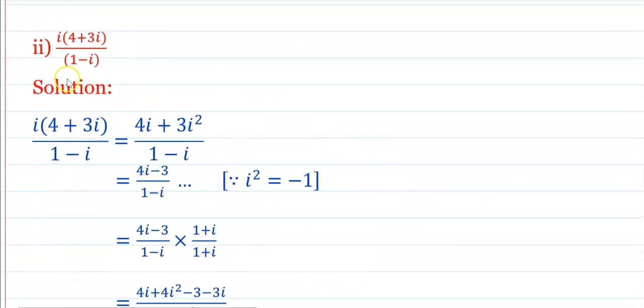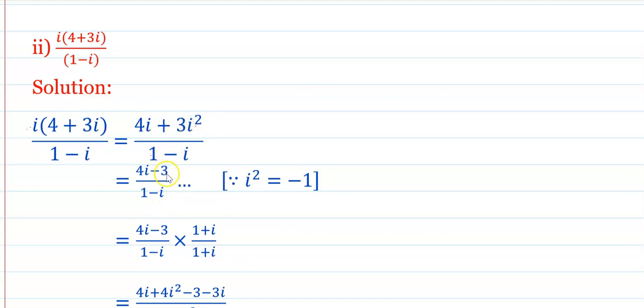Now the next example, i in bracket 4 plus 3i upon 1 minus i. मग यासाठी काय करणार की फर्स्ट एक्झाम्पल मल्टिप्लाइड विथ दी हा ब्रॅकेट ओपन करणार. i into 4, you are getting 4i. i into 3i, i square upon 1 minus i. Okay, but what is i square? i square is minus 1.